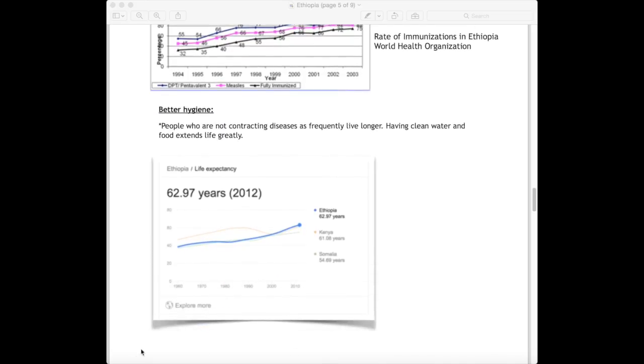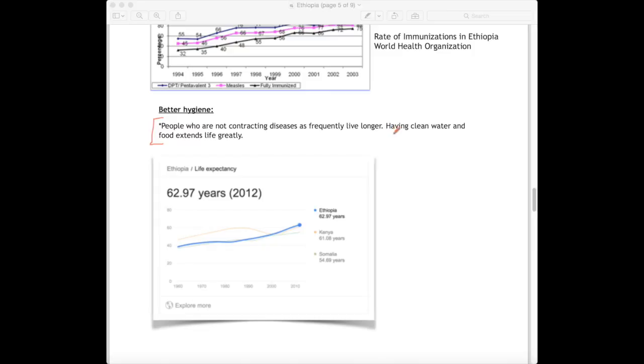Okay, let's look at another cause. Better hygiene. Our textbook definition again for better hygiene says that people are not going to contract diseases as frequently, right? And if you don't get as many diseases throughout your life, you're stronger, you're healthier, and so you're going to live a longer life.